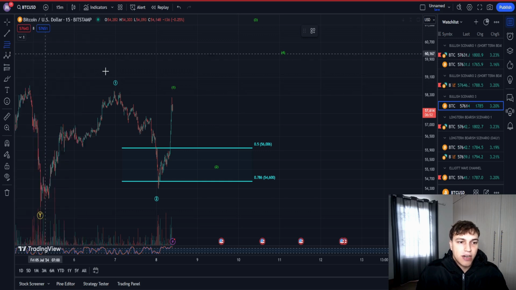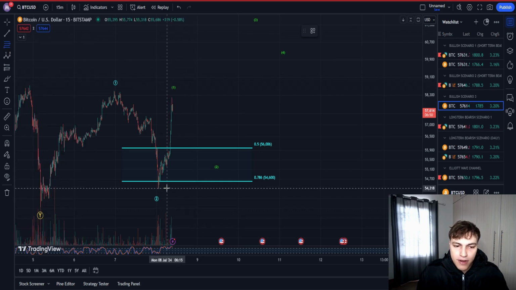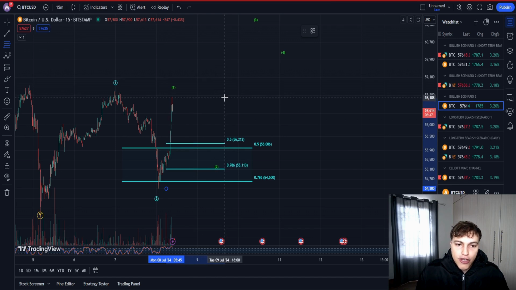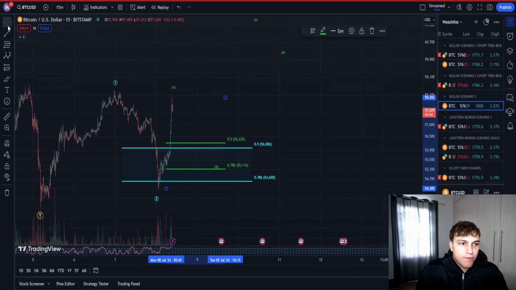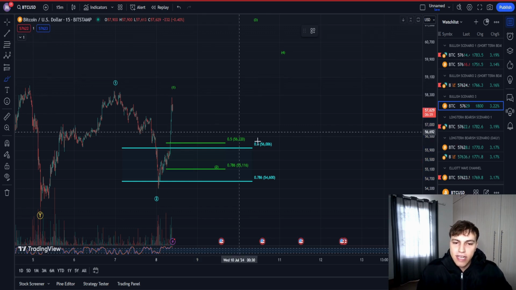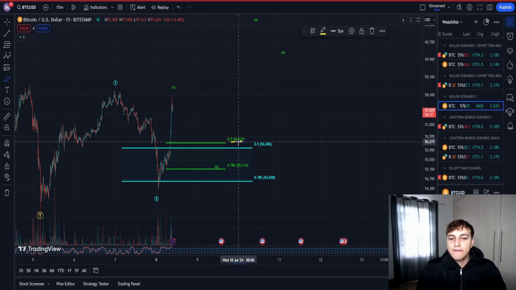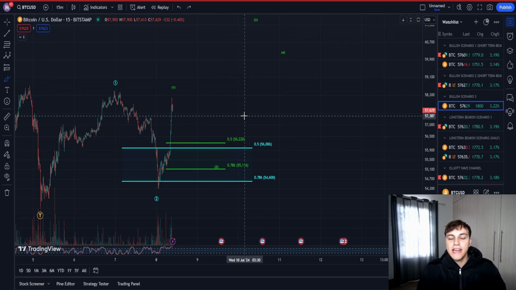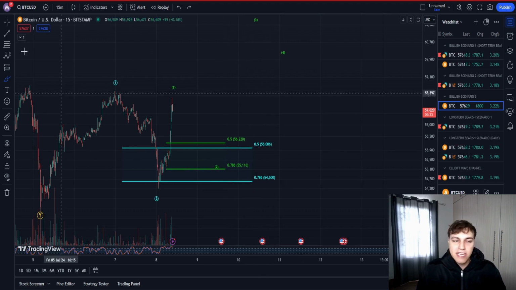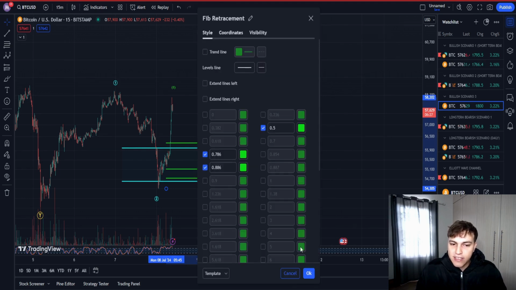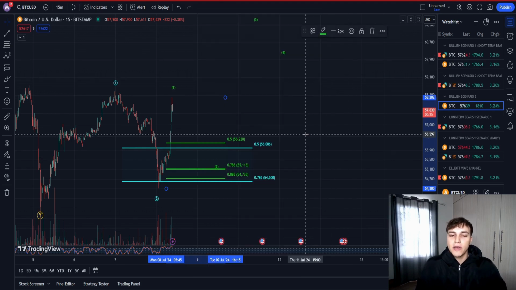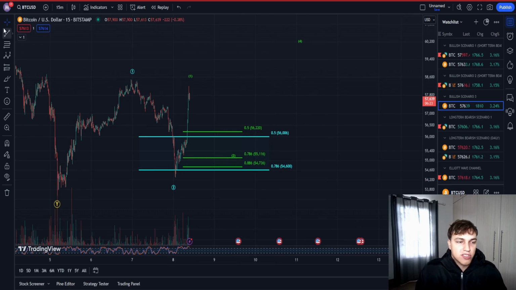If I measure it out here, and this is the high of wave 1, a good entry position would be on the 0.5. Now the 0.5 acts as good support for a wave 2 on many occasions. So the 0.5 at 56,220 with a stop loss sitting at your 0.886. Now 0.886 is a very uncommon target for a wave 2 and a good stop loss to set.